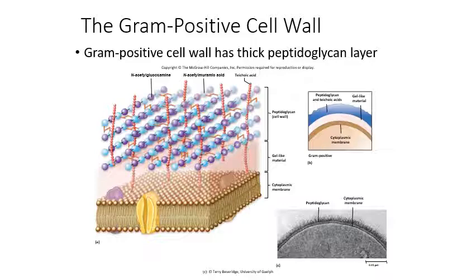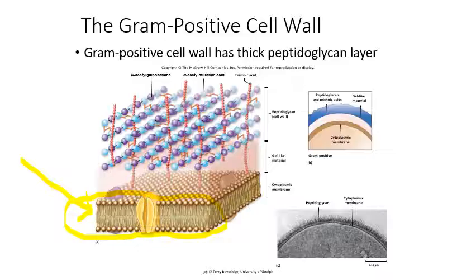Here we are looking at this part down here, which is the cell membrane. Every cell on the planet has a cell membrane, and that cell membrane is always going to be made out of phospholipids. These are little phospholipids right here that I'm pointing at. Phospholipids form the cell membrane of every single cell.